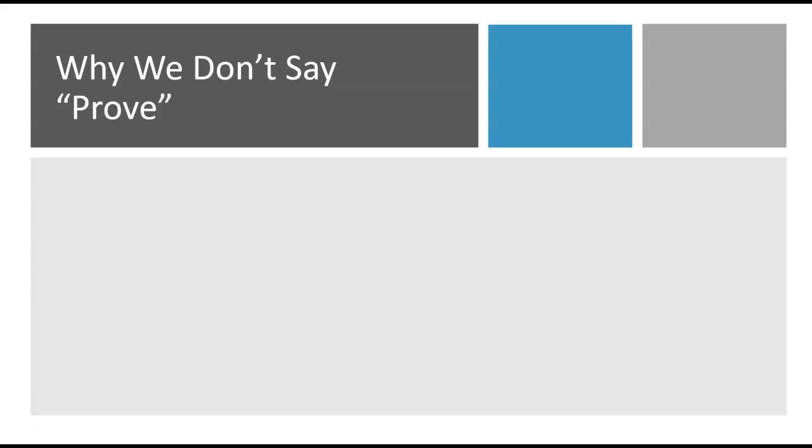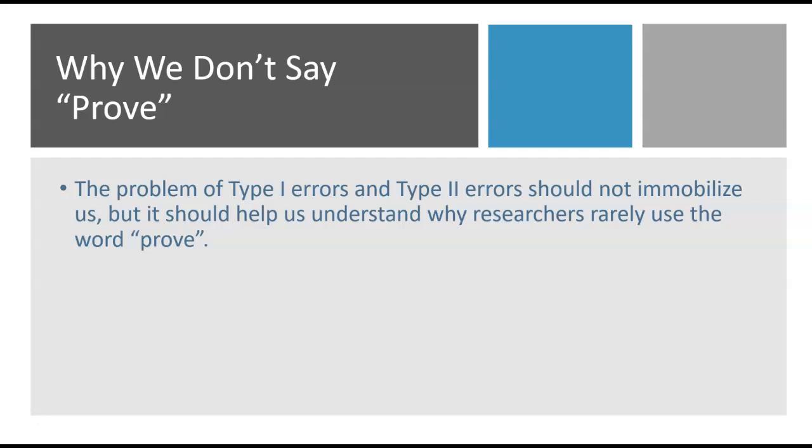We don't use the word prove. What we are doing is estimating probabilities. We're not proving truth and falseness. And scientists have a culture that values the accumulation of evidence to support hypotheses and eventually theories. We are very careful about words like proof.